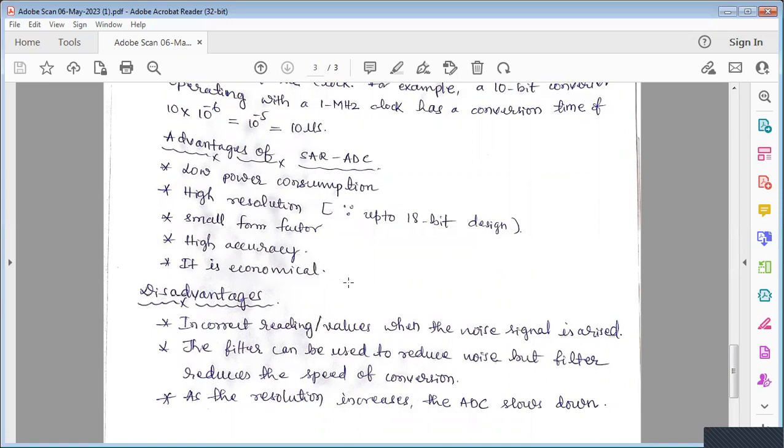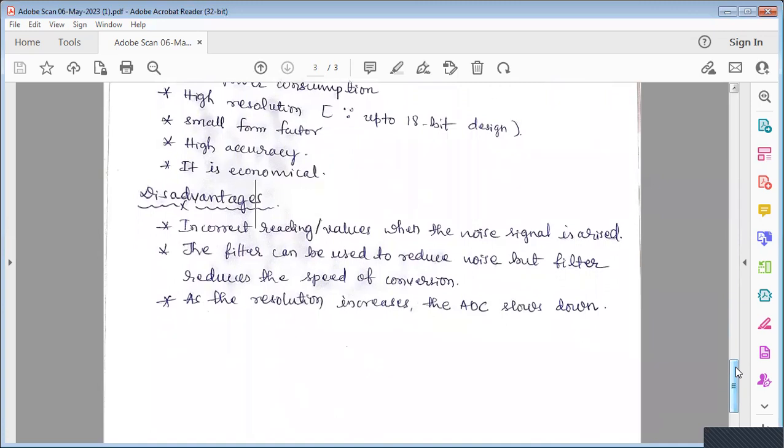And it is economical. Cost wise or fabrication wise, it is also a low cost circuit, so that it can be easily constructed. So these are the advantages of SAR ADC.